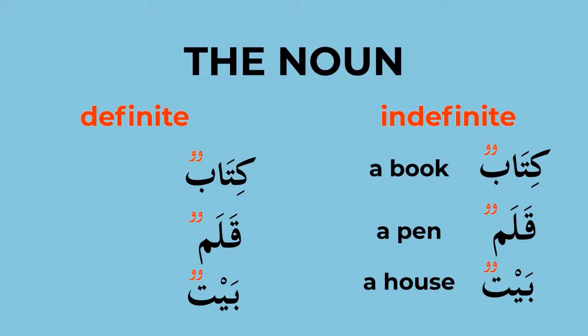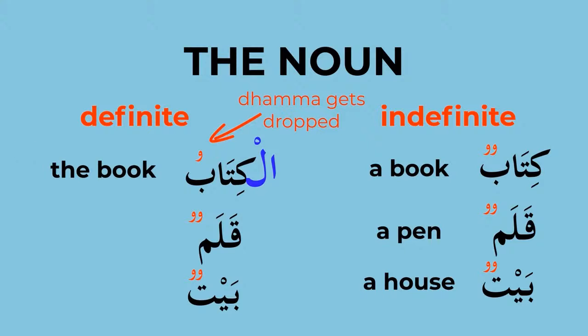What will I do now? Al-kitabu. I cannot have Tanween. Al-kitabu. The book. Okay, brothers and sisters? Now you see, as soon as I put al, like magic, one vowel sign got dropped. Instead of bun, it became bu.